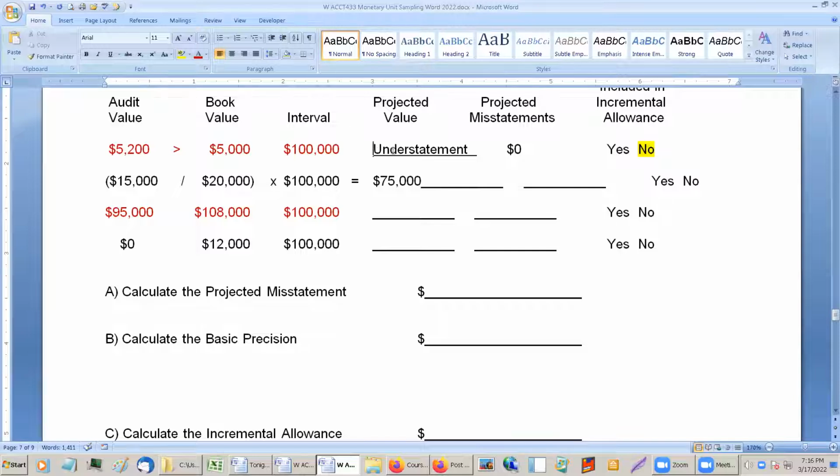I'm taking this understatement thing out because that's confusing. Subjective misstatement is 25,000.